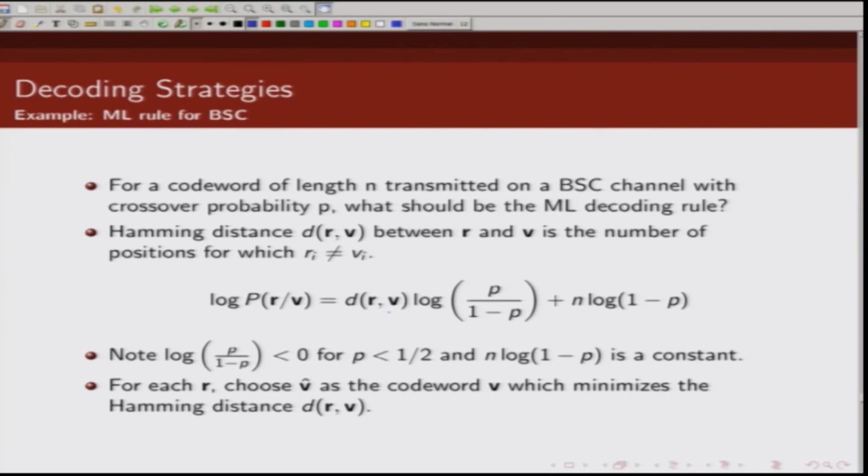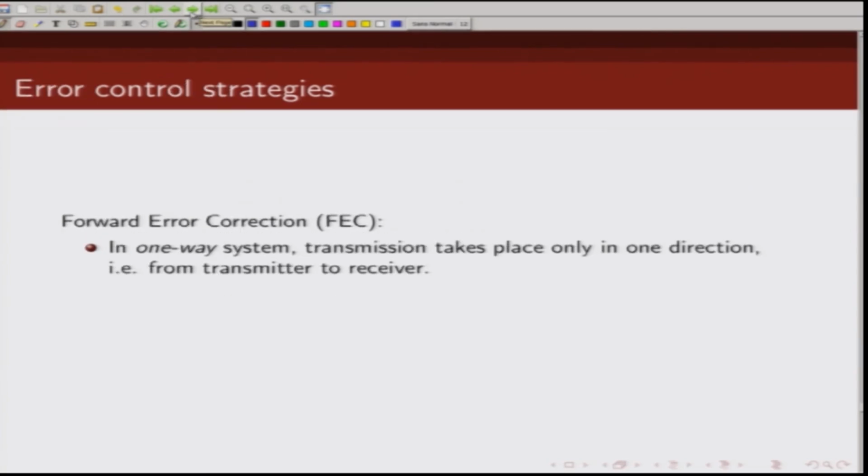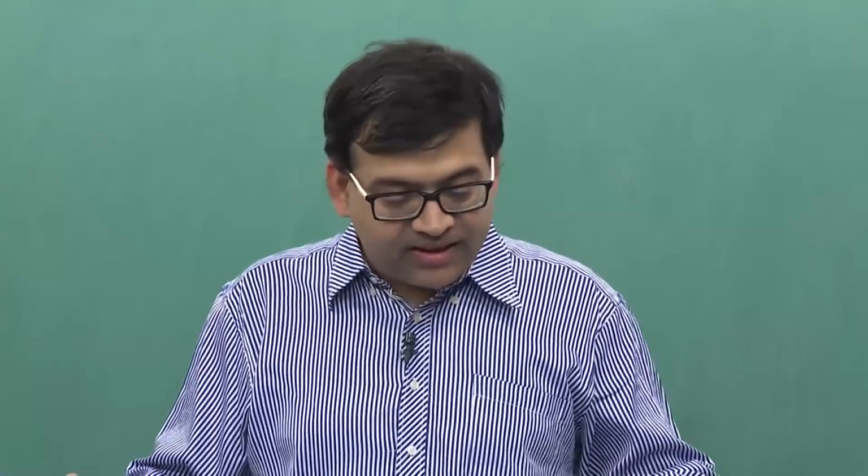In other words, we should choose a code word v such that Hamming distance between the code word v and the received sequence is minimized, and that makes sense. And that is our maximum likelihood decoding rule. So, finally, I am going to conclude this lecture with definition of few error correcting strategies.